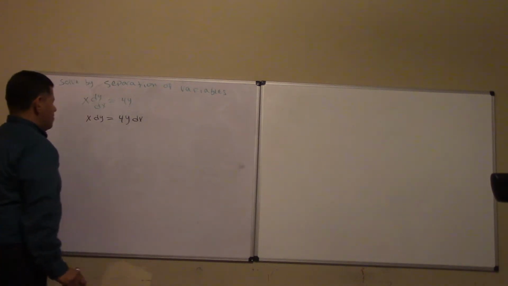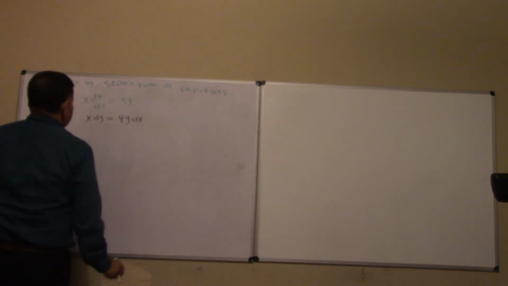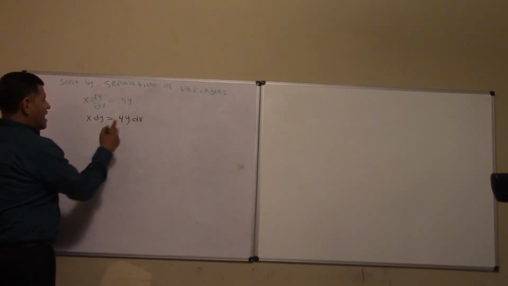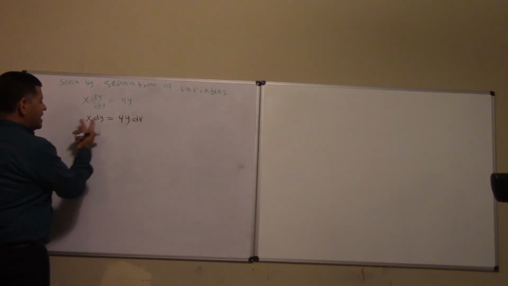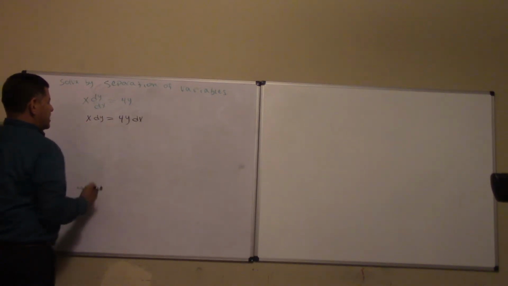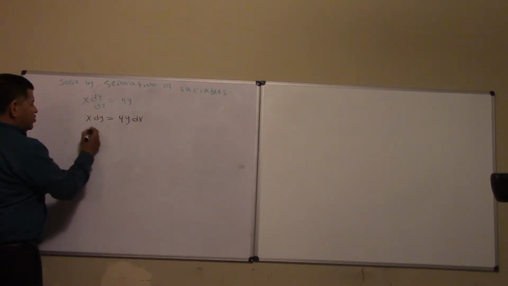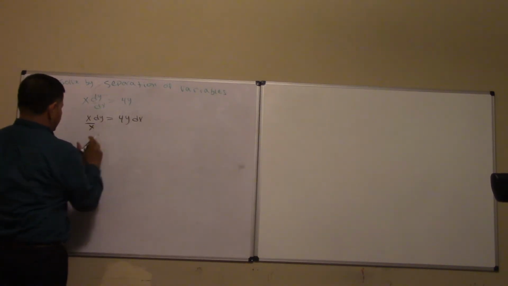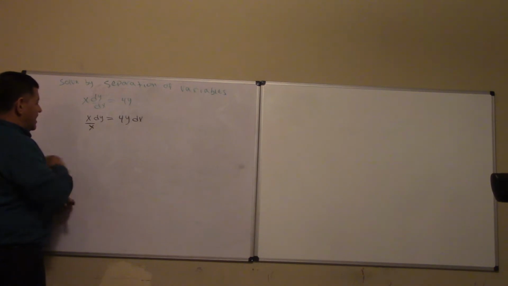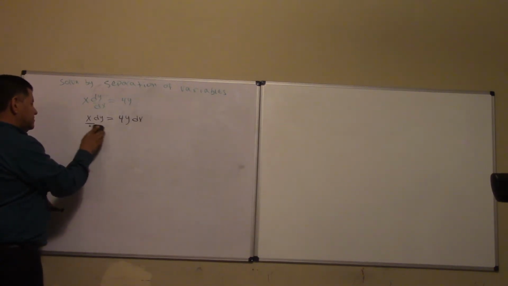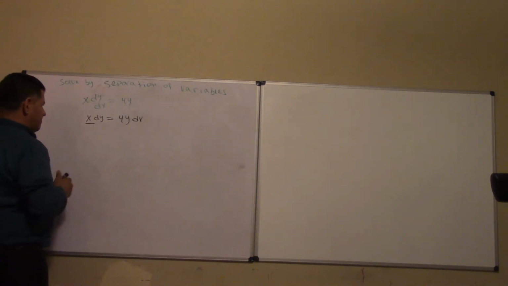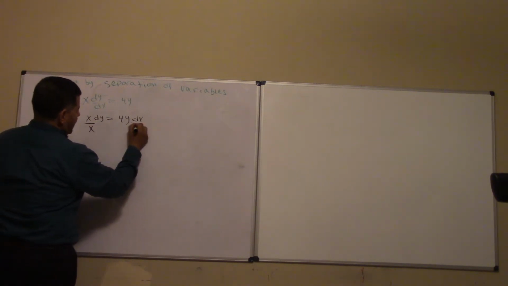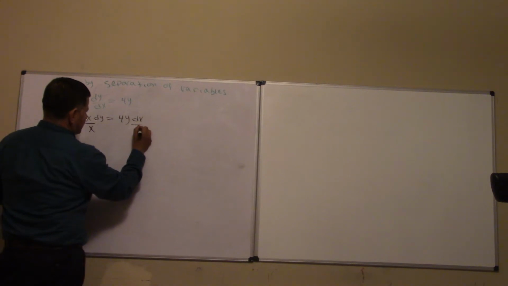Now, my next step here is to somehow get the y's on one side and get the x on the other side. So here what I can do is divide by x on both sides.